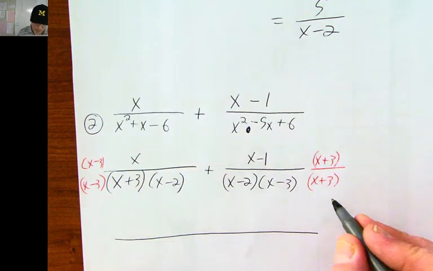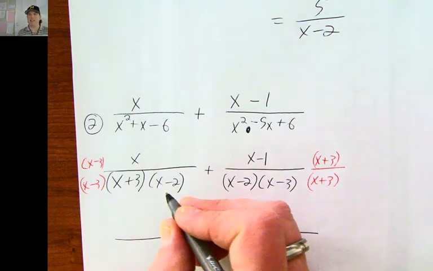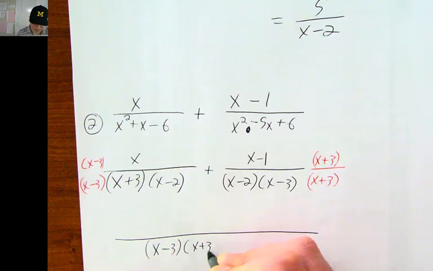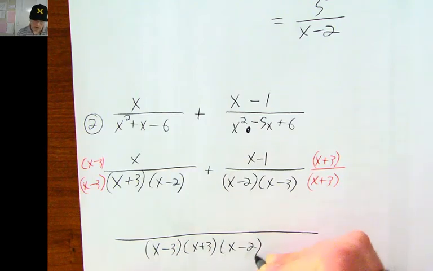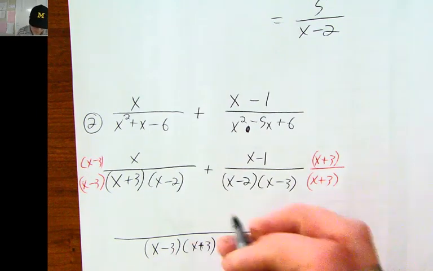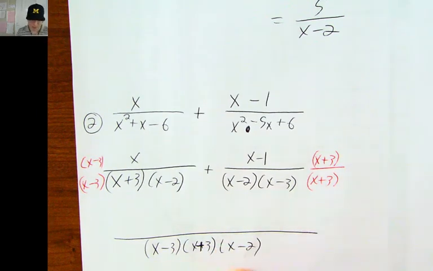my denominator, I'm just going to leave it like this, a nice factored form denominator. So x minus 3, x plus 3, x minus 2. Order does not matter because when you're multiplying three numbers together, as long as they're just being multiplied, you're okay. It doesn't matter what comes first, what comes second, and what comes third.